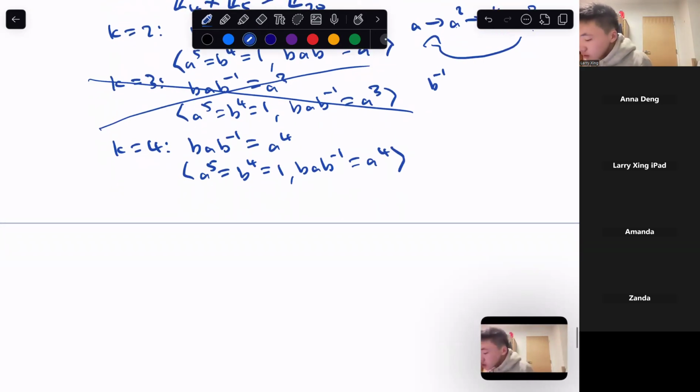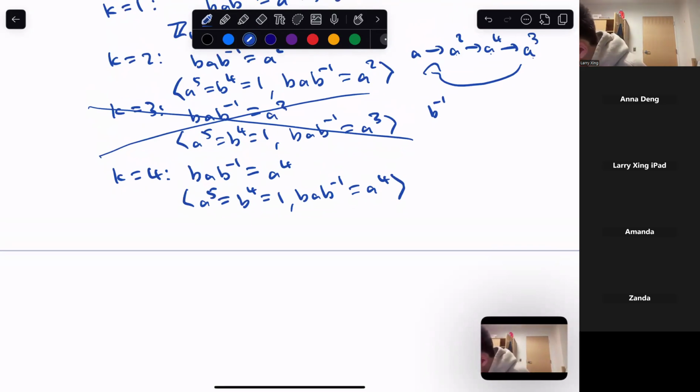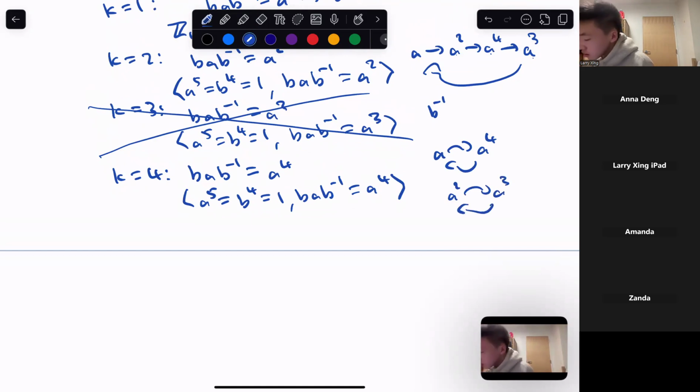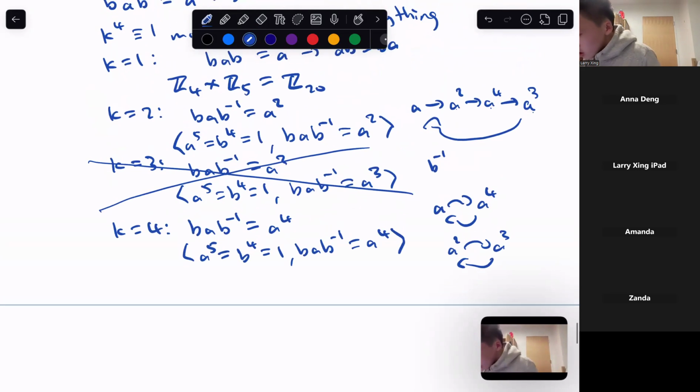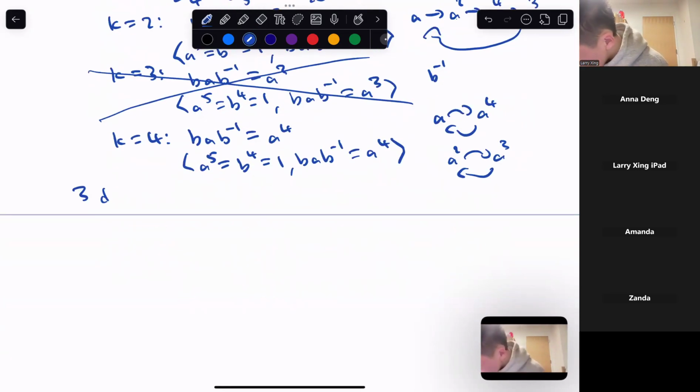And it turns out it's no. The reason for this is because we map a to the 4 back to a, and a squared to a cubed back to a squared. And this is fundamentally different in its overall structure than our original group. So in this case, we've generated 3 different subgroups.